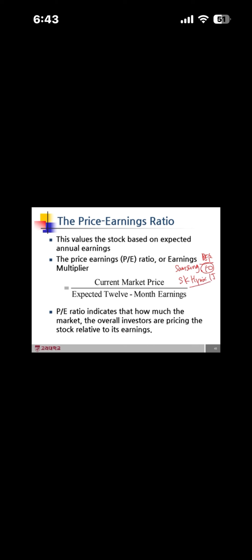But there may be some reason why the stock price of Samsung is undervalued or has a low multiple, a low ratio. So you have to question yourself why investors are pricing Samsung low. Is there anything bad happening for Samsung? To do this, you may simply look at its business outlook and its financial ratios.